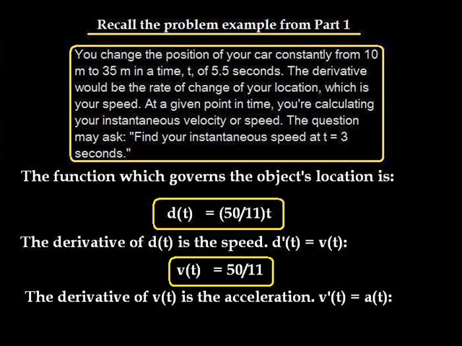So the derivative of v of t, a constant, is the acceleration. And the acceleration is 0, because the derivative of a constant is always 0. There's no change in a constant. That last example was to show you the connection between derivatives and distance, velocity, and acceleration functions. In general, if you know one of them, you can easily find all the corresponding ones.